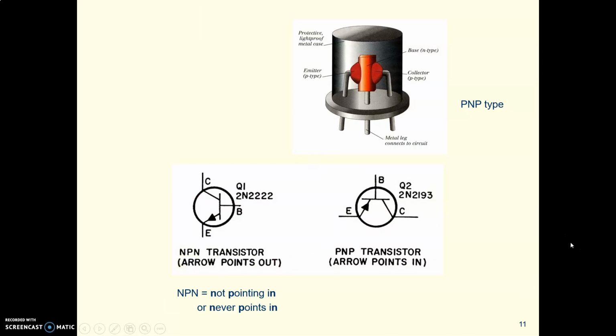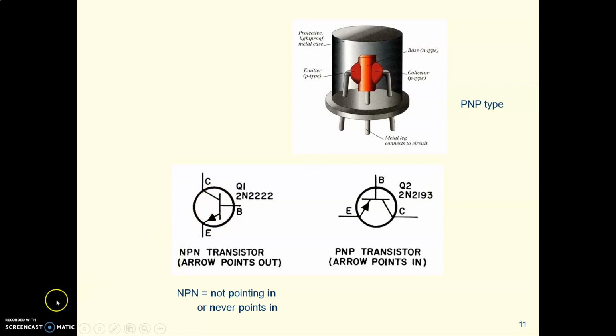And they can be arranged, the p-type silicon, n-type silicon, and p-type silicon can be sandwiched either NPN or PNP. If it's NPN, so negative, positive, negative layers, we draw the symbol this way.